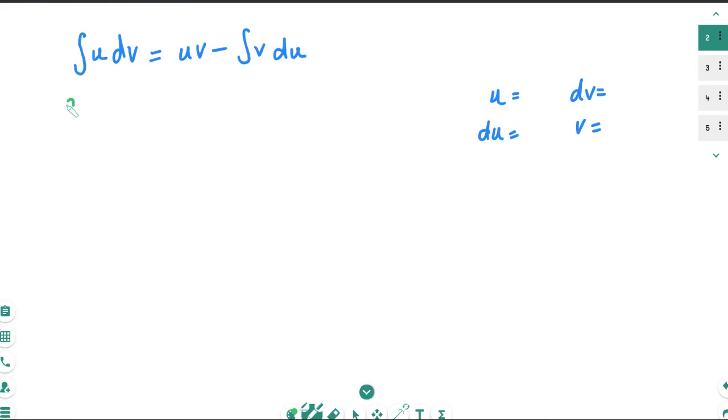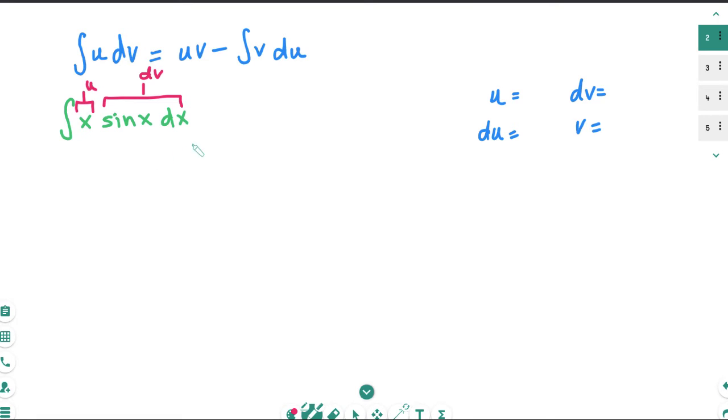We have to integrate the product of x and sine x. Let's see how it compares with the general formula of the integral of u dv. Let us choose that x here is u and sine x dx is dv. How will you know which part of the integral to choose as u and which part as dv?